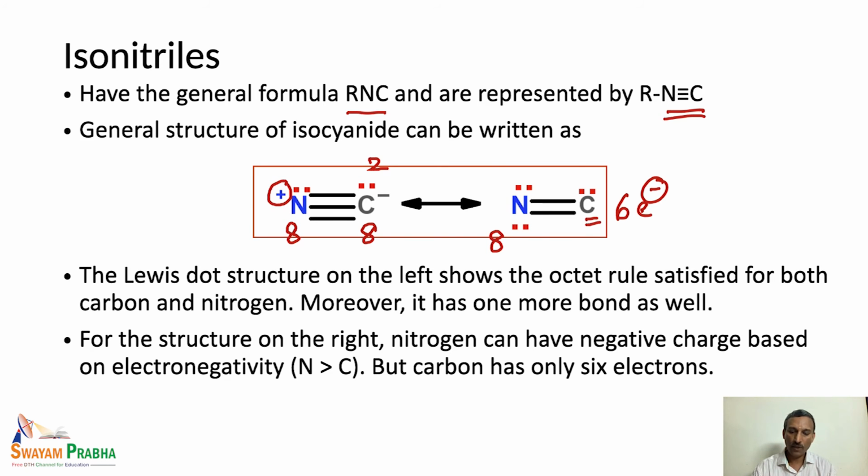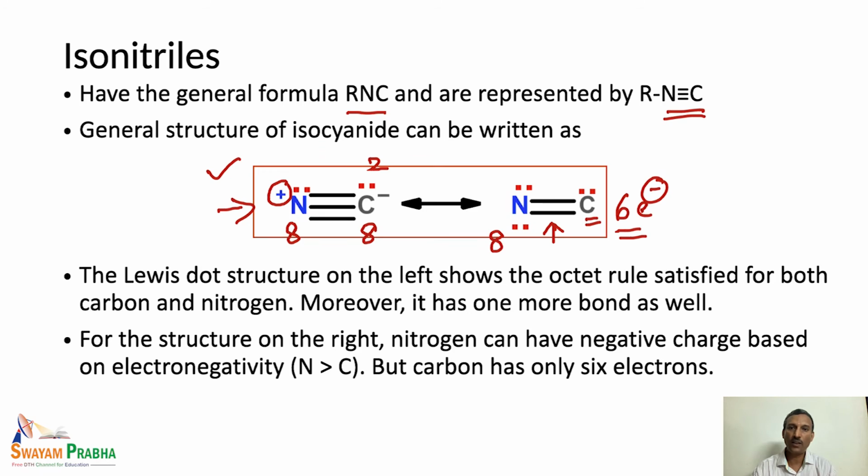If you compare these 2 resonance structures, the one on the left hand side has the octet rule satisfied for both nitrogen and carbon atoms. So, this is the most preferred structure, and of course, there is also one more additional bond present in this particular ionic species. In the one on the right hand side, nitrogen has the octet satisfied, whereas carbon has only 6 electrons.